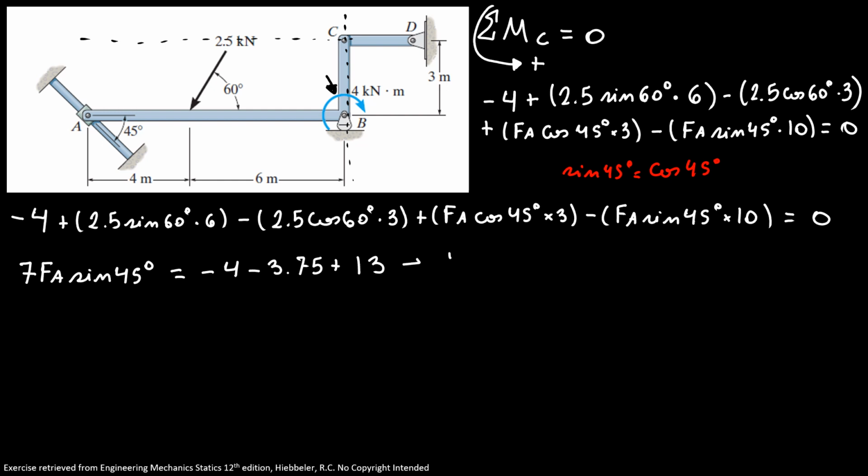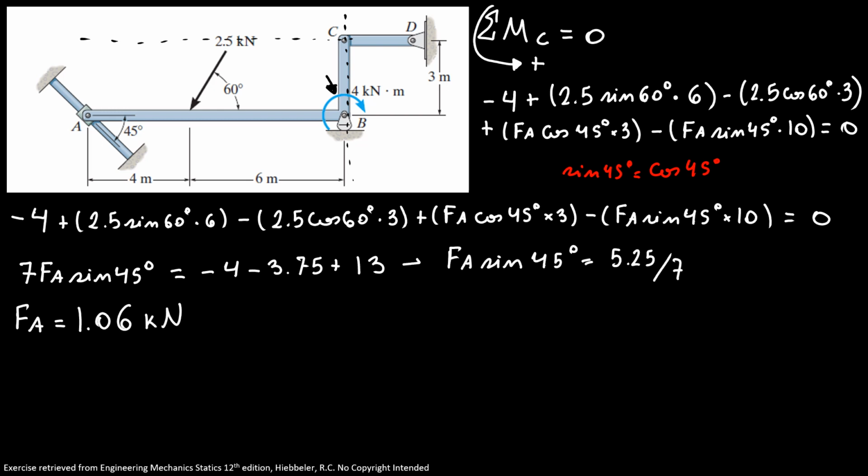So I have FA sine of 45 degrees is equal to 5.25 over 7. So I have my FA is equal to 1.06 kilonewtons.